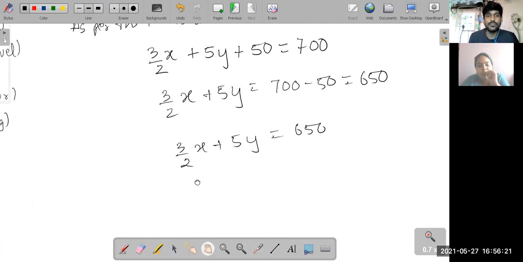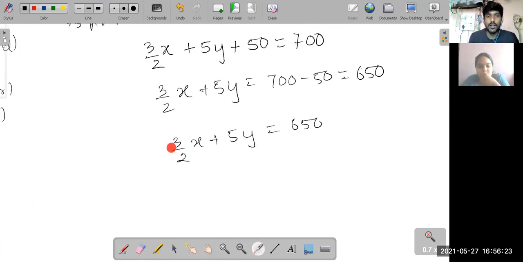Now I don't want this fraction here, and I don't want decimals also. The only way is, you see 2 is in the denominator, so multiply this entire equation by 2. Because when I solve simultaneous equations, solving with fractions or decimals will be difficult.